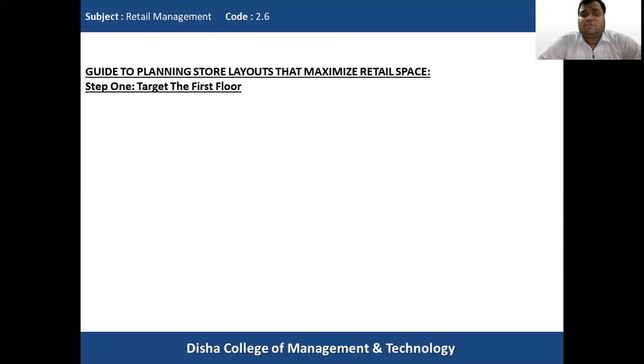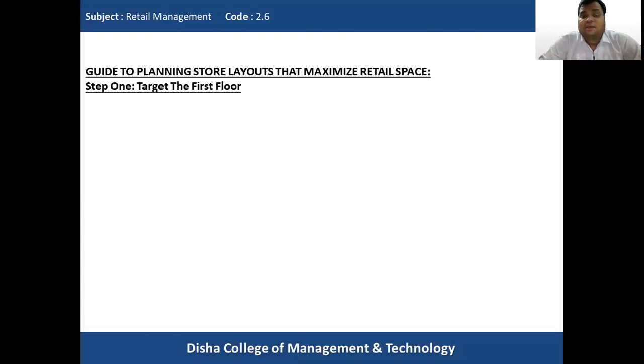Sometimes, the rent in the place where the retail store is opened is very high, or the store is a big convenience store or a departmental store consisting of various departments, where merchandise has to be kept in various departments. In those cases, the store cannot be confined to one floor. So exceptions exist, and the store has to be on multiple floors.